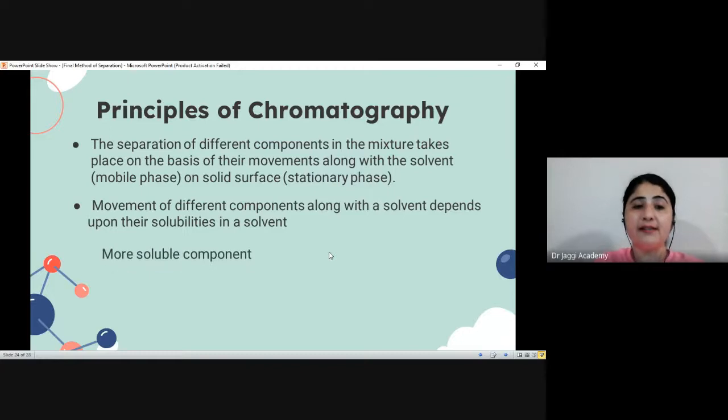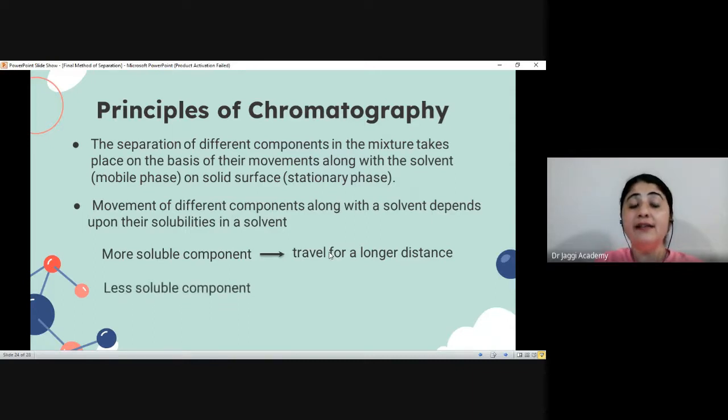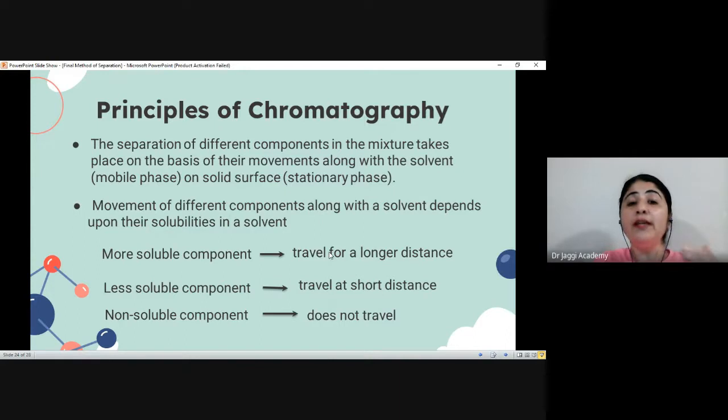For instance, a more soluble component in a mixture travels a longer distance, whereas a less soluble component travels a short distance, and a non-soluble component doesn't travel. In this way we get the different components from the mixture at different levels. So this is the main basic principle of chromatography.